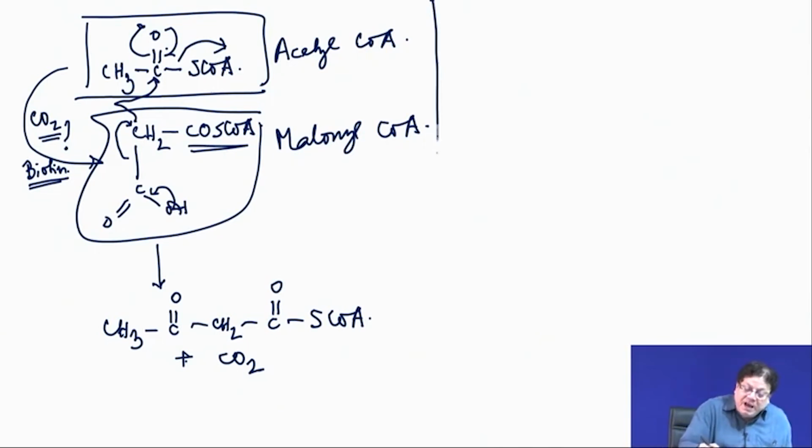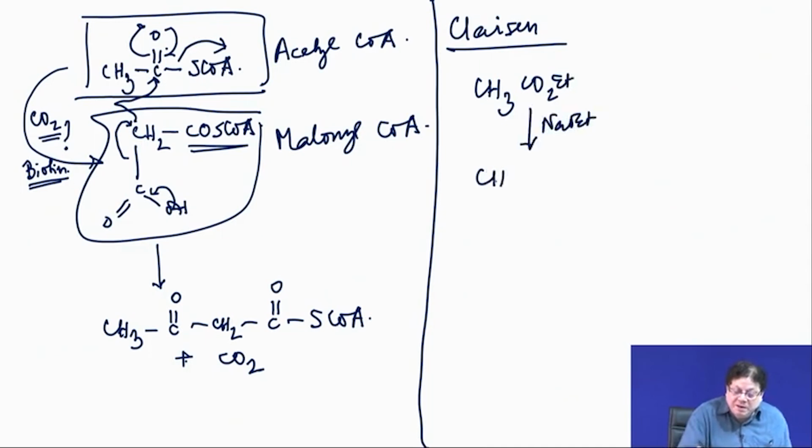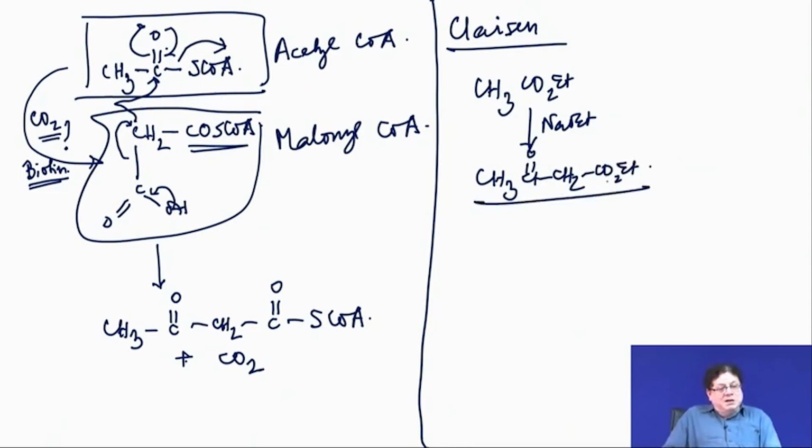Now, remember, there is a reaction in organic chemistry called Claisen condensation, where you take ethyl acetate and add sodium ethoxide. What did you get? CH3CO, ethyl acetoacetate. I think those who have studied organic chemistry remember it. So, what is the mechanism? One molecule forms the anion and attacks the other molecule.